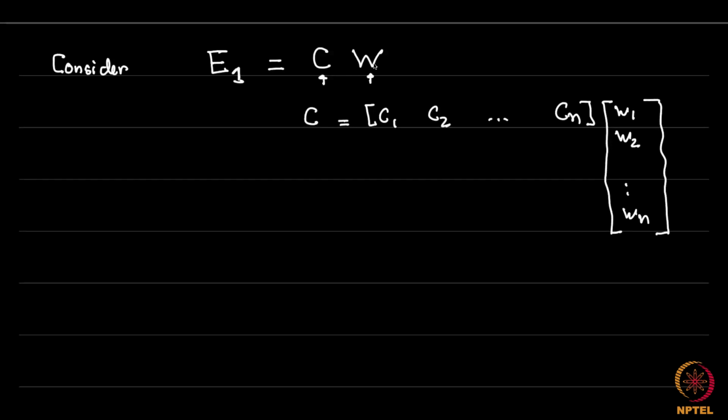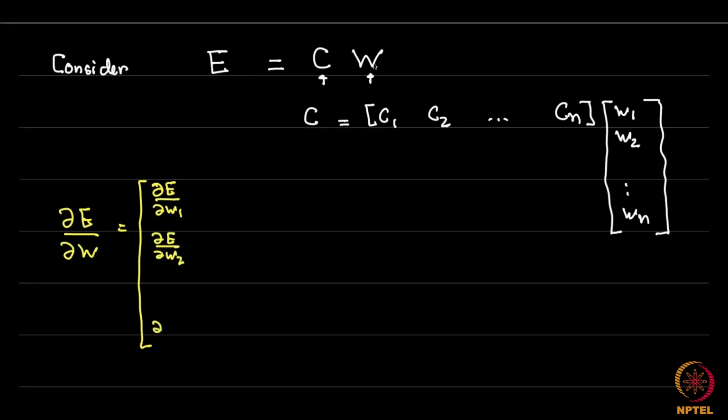So suppose I want dE1 or del E1 del W, which is the same as, instead of calling it E1, maybe a better name would be simply E, just so that there is no confusion. So del E del W1, by our definition, del E del W2, we are going to differentiate with respect to each one of the components.